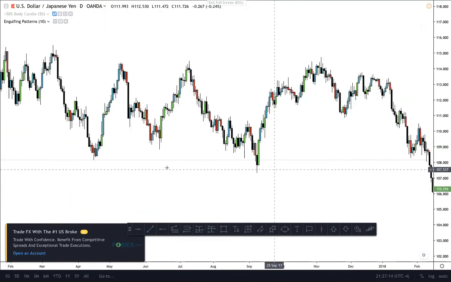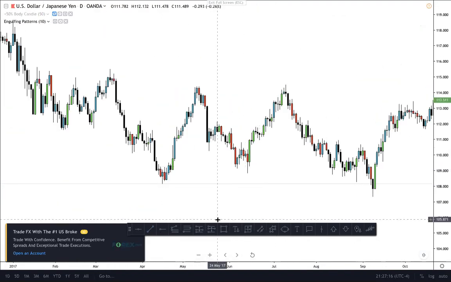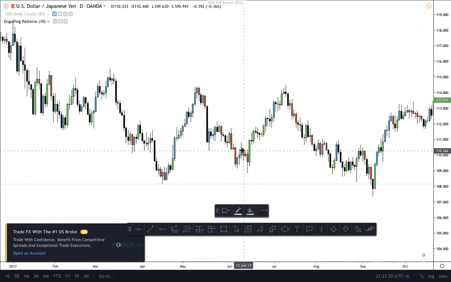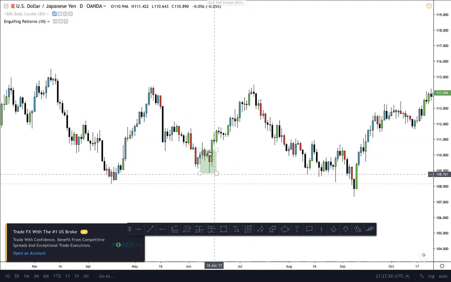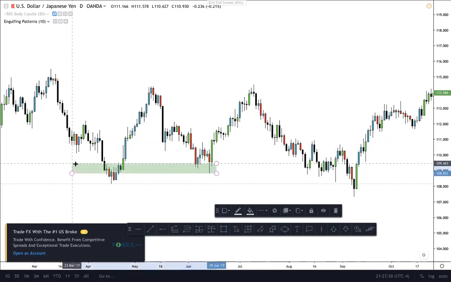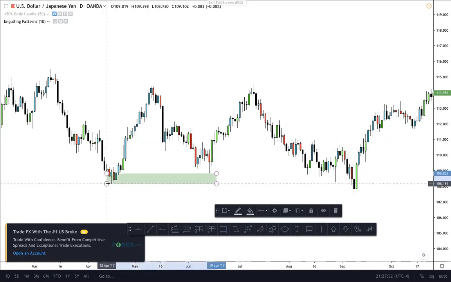Sometimes you would find a zone like this, right? Let's say this was a basing zone, and you have a long wick here. Usually what causes this long wick is just the market reacting off a previous zone, like over here. Let's say this was a zone and this wick. Yeah, you can take it, but if the wick is really long, you don't want to take it.